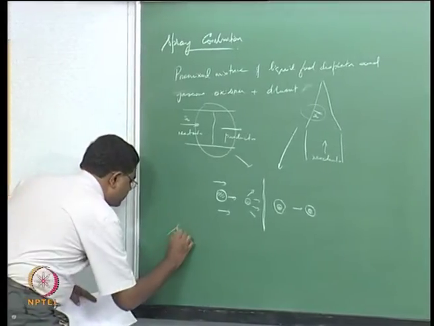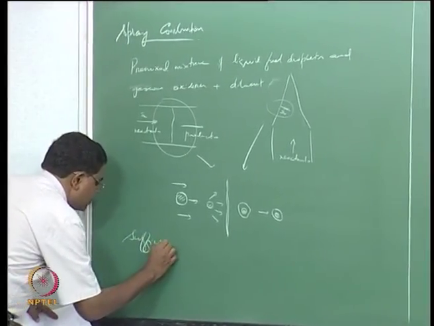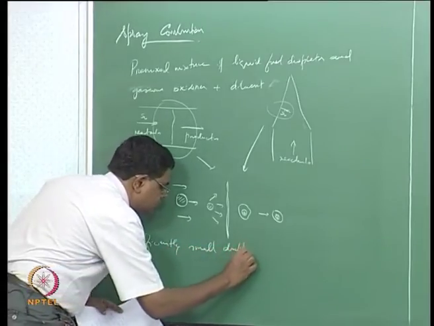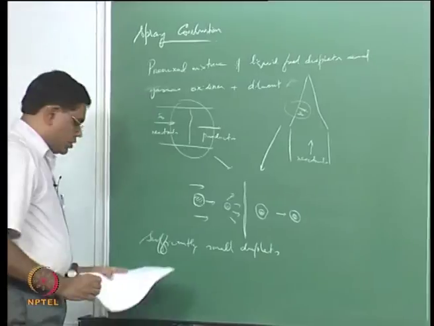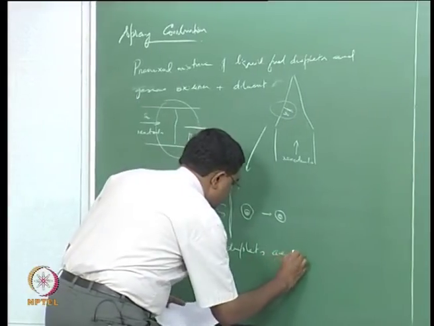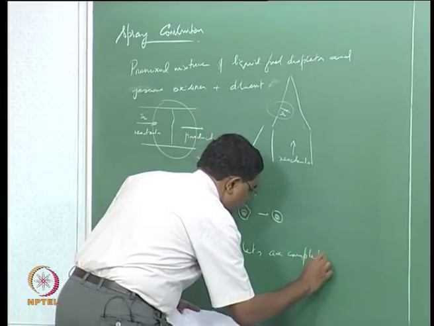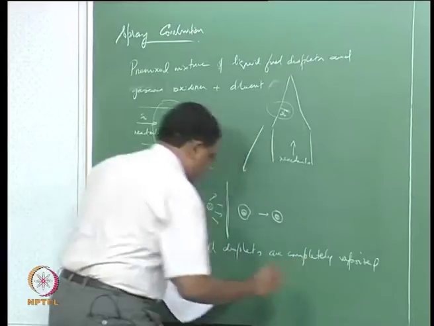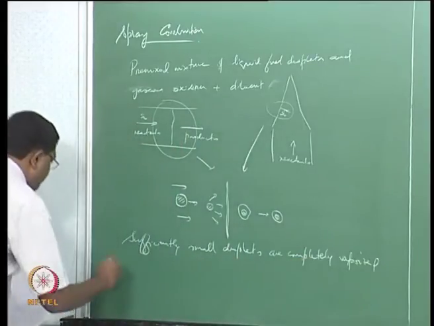So what we are basically saying is that sufficiently small droplets are completely vaporized in the preheat zone.